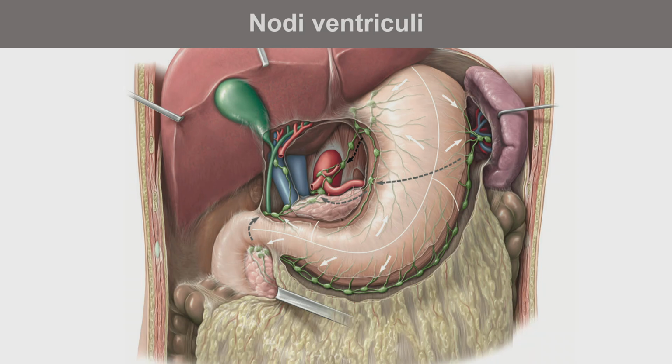Typically, the lymph flow is a copy of the venous outflow, because this is the same way, the same direction.